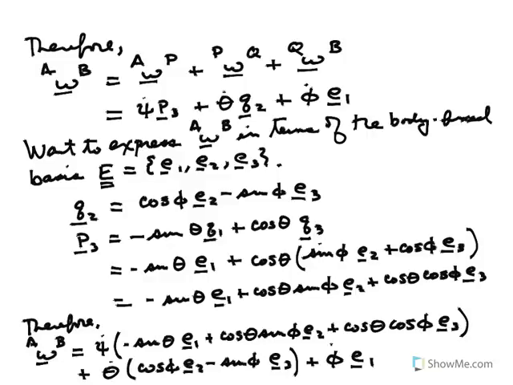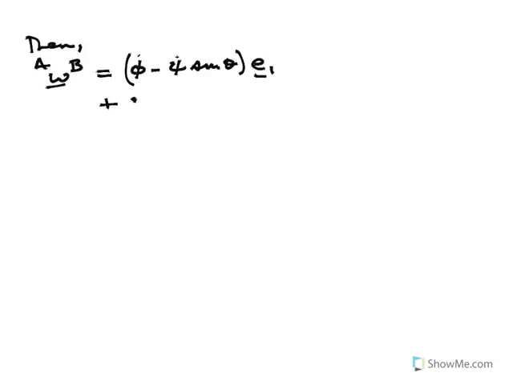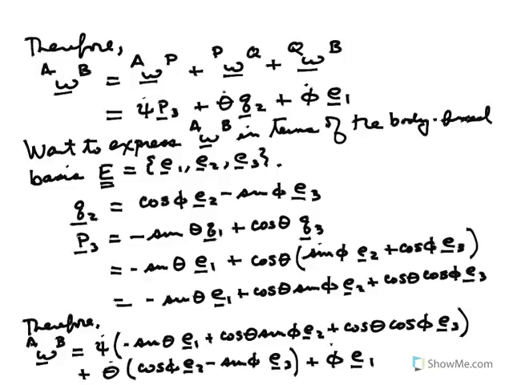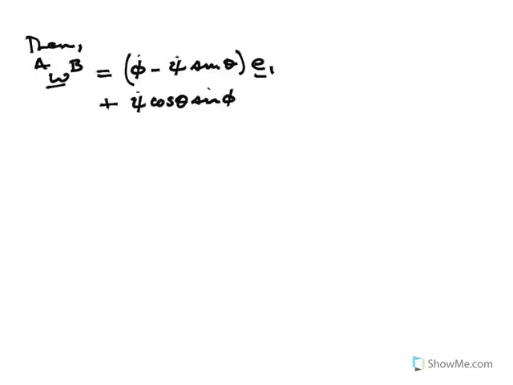Plus, now the E2 terms. I've got psi dot cosine theta sine phi, and then plus theta dot cosine phi. And that's times E2.